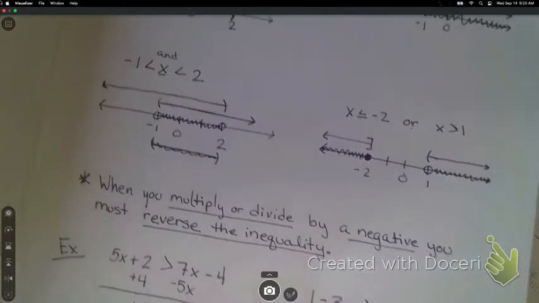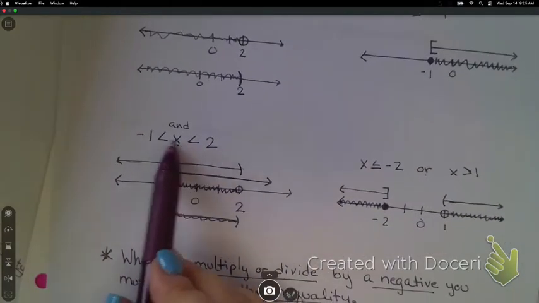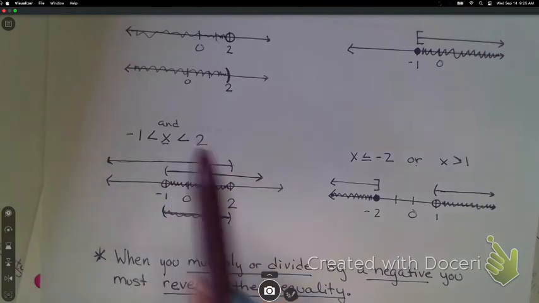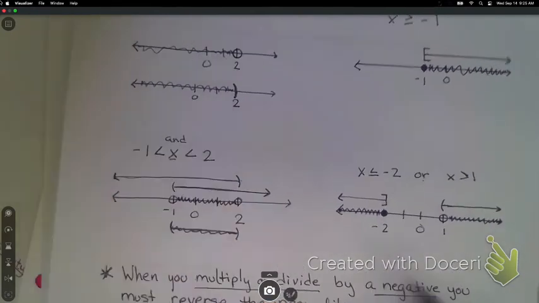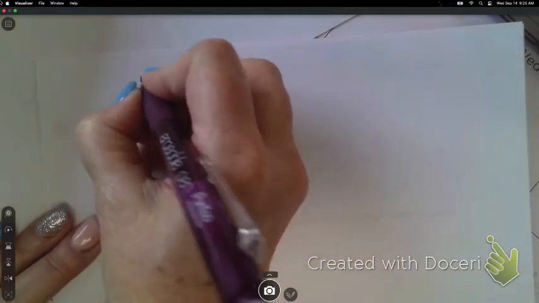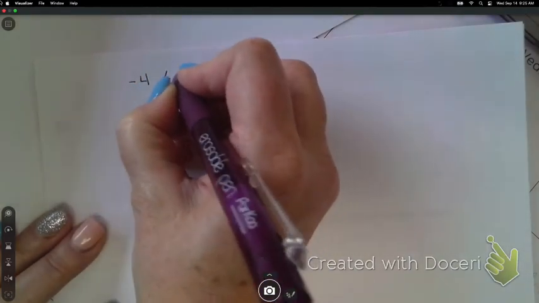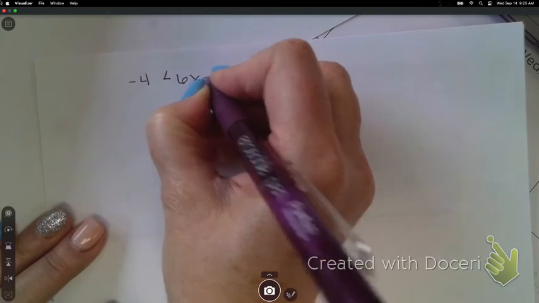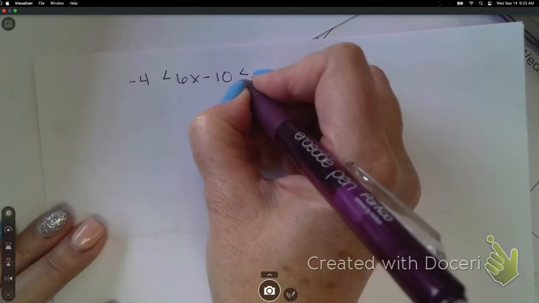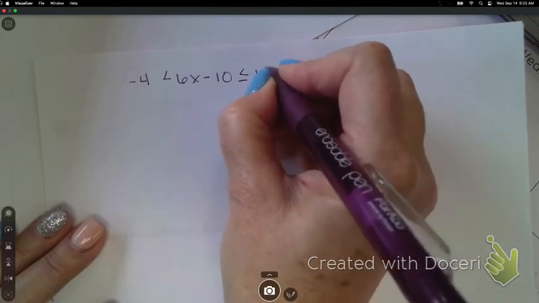So this right here is called a compound inequality. And this is an or statement, and you will have equations like that you need to solve. So negative 4 is less than 6x minus 10, which is less than or equal to 14.